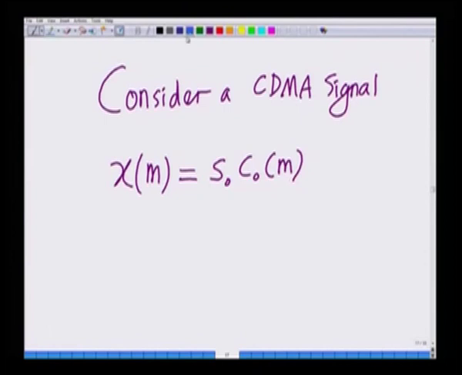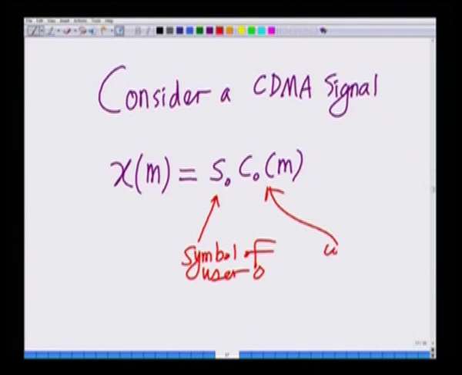Let me again illustrate the two components here: this is the symbol of user 0, and this is the code of user 0.